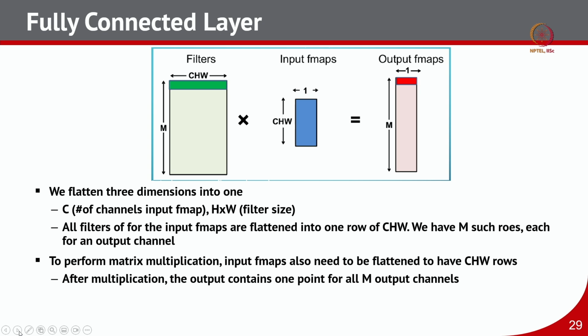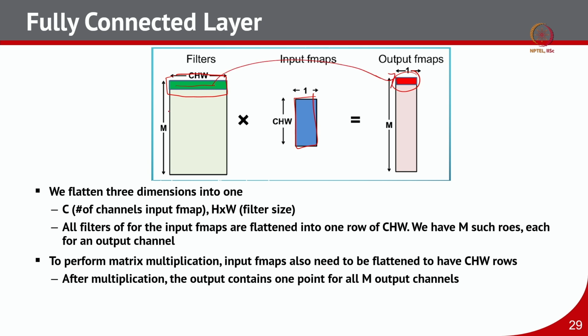Now, let us see how we actually get the multiplied output. First, this CHW is nothing but one particular filter. This row vector will get multiplied with the input feature map to obtain one value. This one value is coming from one filter.